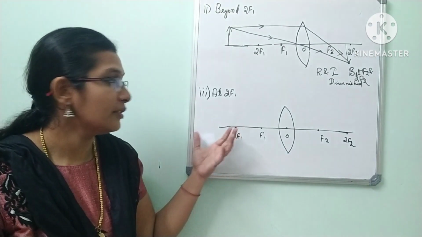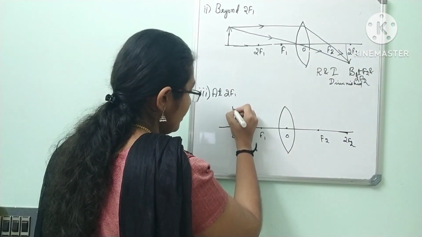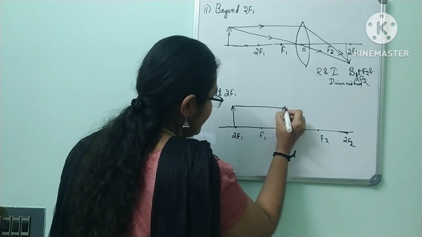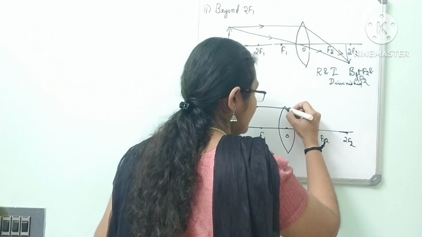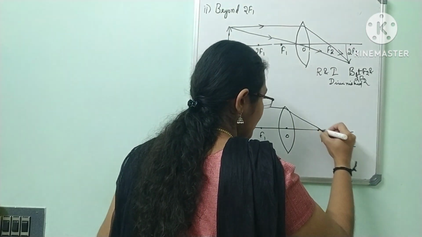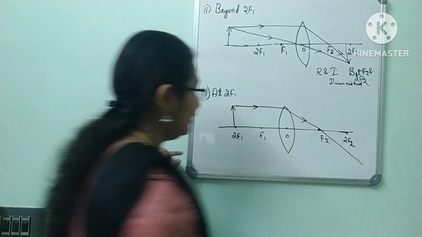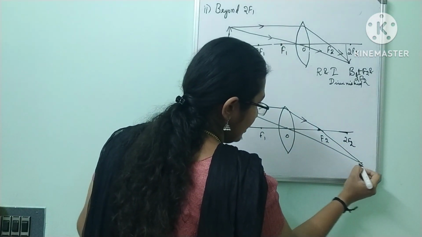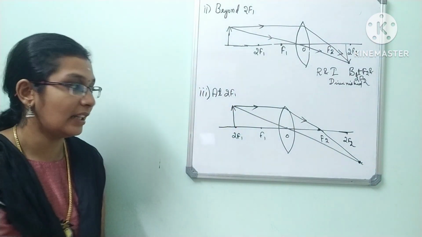So what is the third position? At 2F1 we are going to place the object. A ray parallel to the principal axis, after refraction, passes through the focus on the other side. And a ray passing through the optic center goes undeviated.